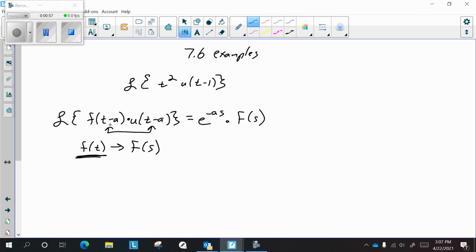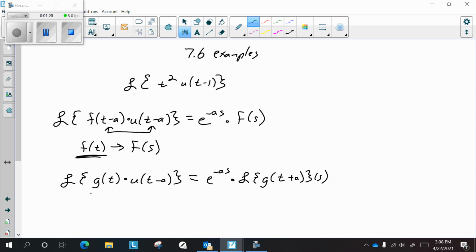Now, it's not always going to be that the step function and our base function have the same translation. So in general, if we have some function times u of t minus a, then when we take the transformation of that, it's still going to be e to the negative as, but we're going to take the transform of that function at t plus a.